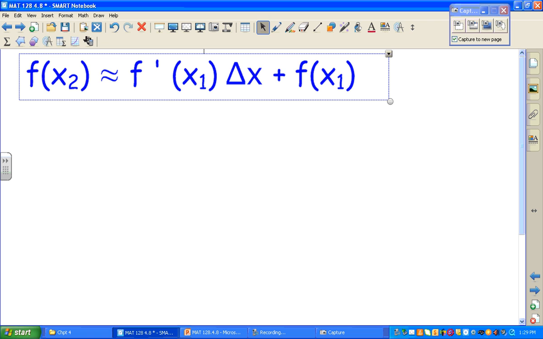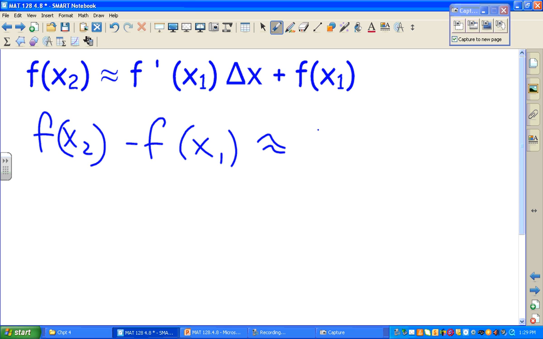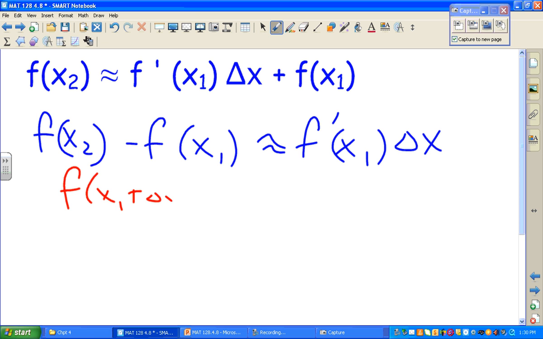So if I take f of x sub 2 and subtract f of x sub 1. Now f of x sub 2 is approximately equal to the derivative of f of x sub 1 times delta x. F of x sub 2 is like f of x sub 1 plus delta x, isn't it?